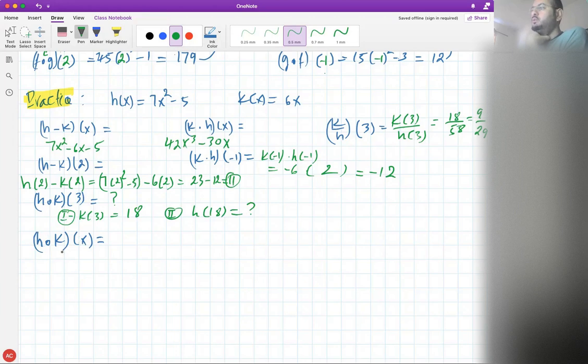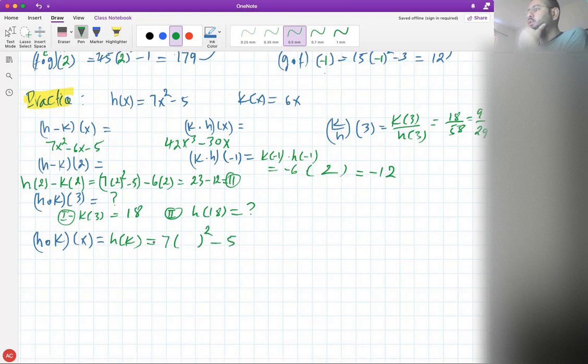So what do we do to find the composition? H of k. So which function do we write first? The h. We're going to write that down first: 7x squared minus 5, without the x.